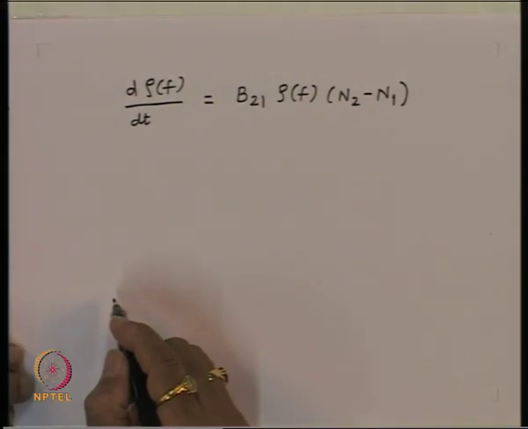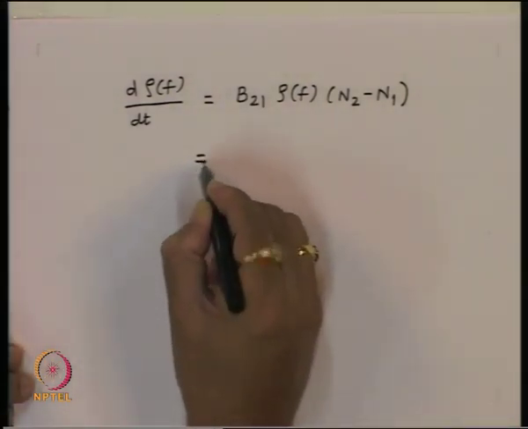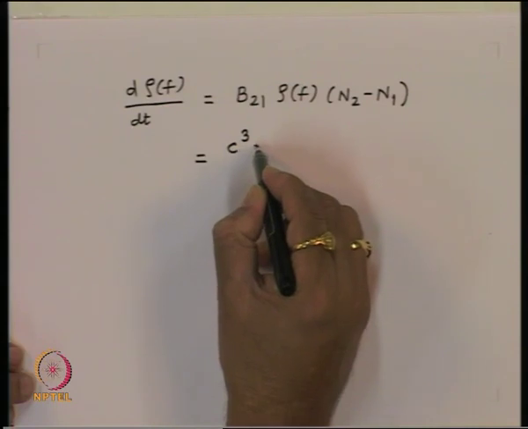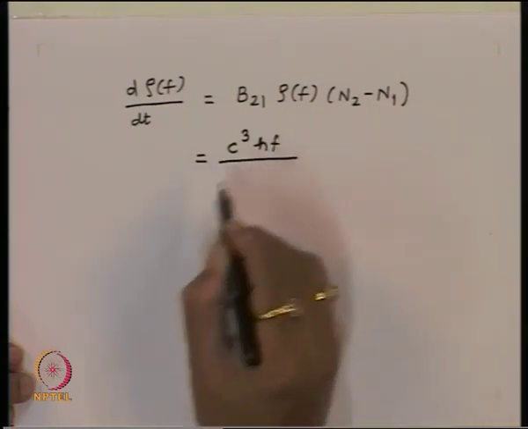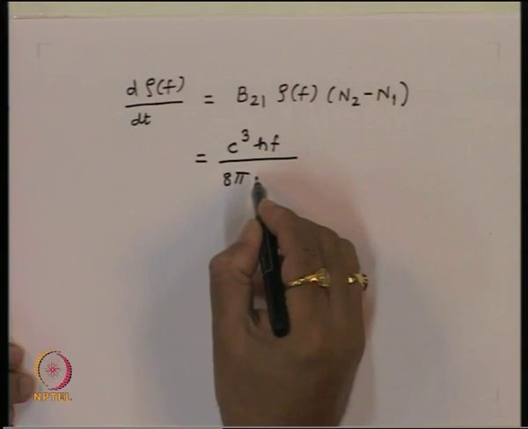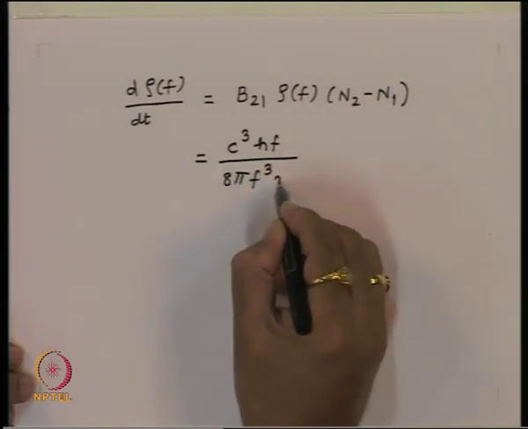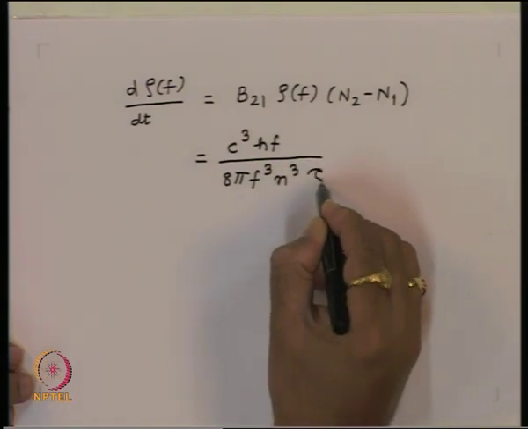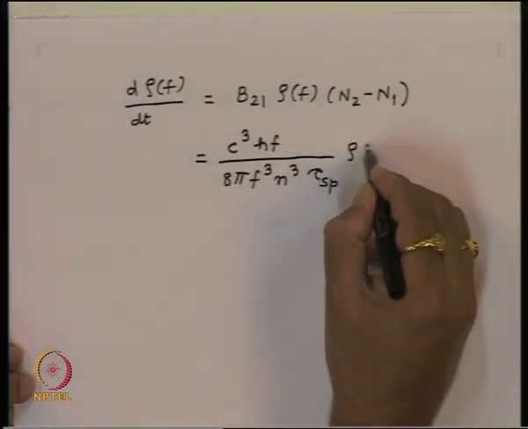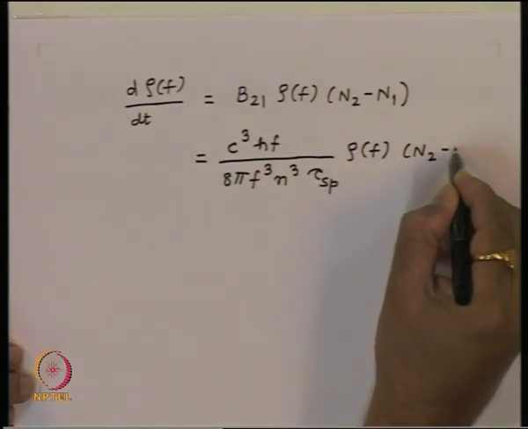If you go back and get those expressions, as we derived from comparing the black body radiation and the Planck's constant, then we can get the expression for B21, and this expression essentially would become c cube h of f divided by 8 pi f cube n cube tau spontaneous into rho of f into N2 minus N1.